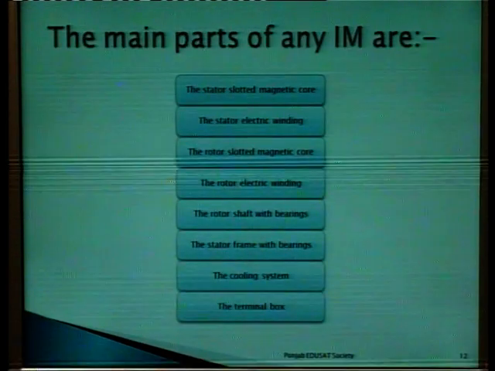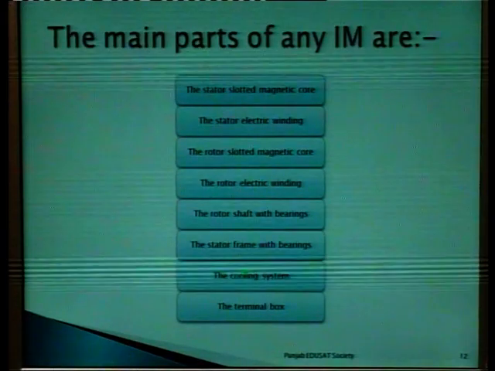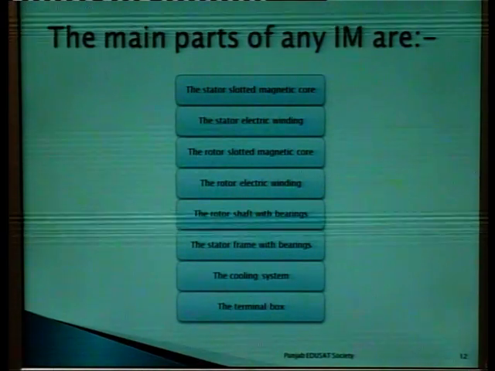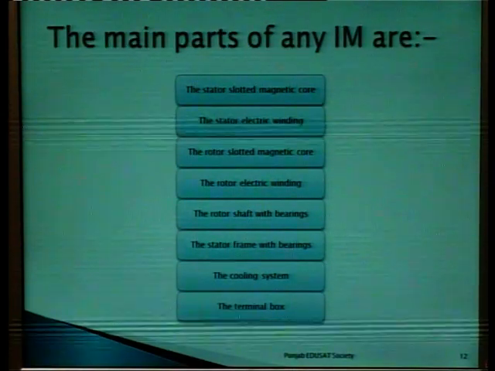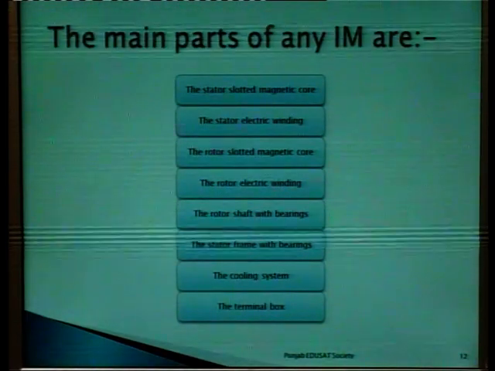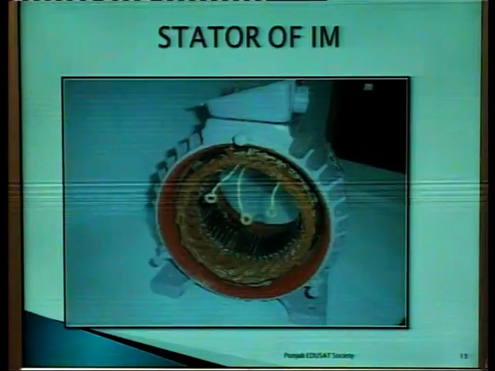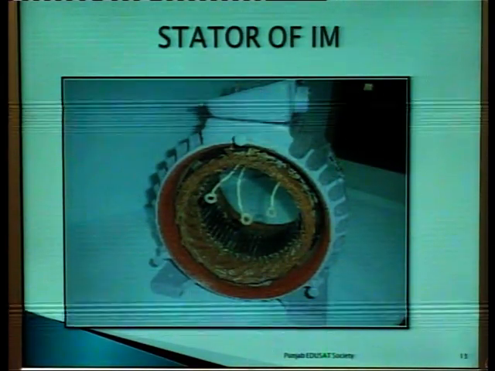The main parts of the induction motor are the stator, the rotor shaft with bearings, the stator frame with bearings, the cooling system, and the terminal box. This is the figure which shows the stator of an induction motor.